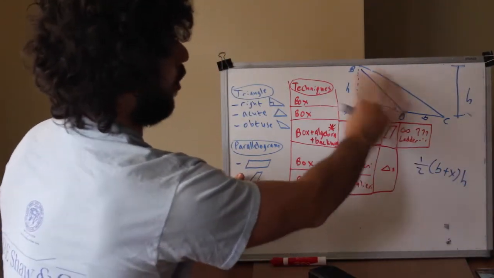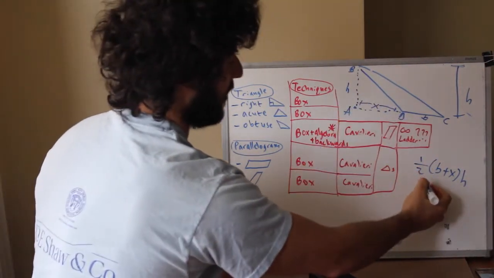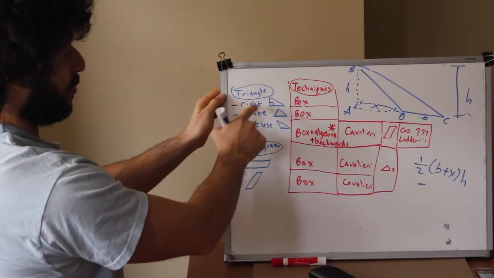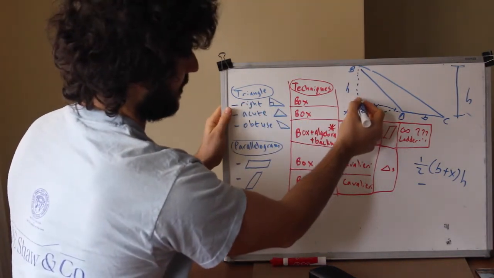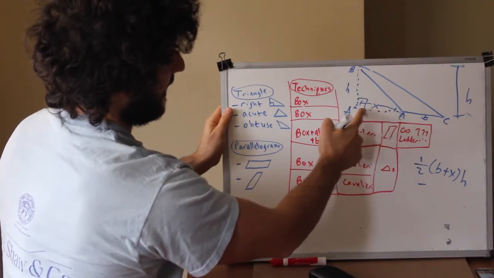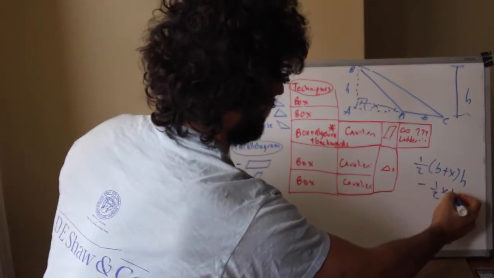Now that's the area of all of this, but then we don't want this piece, so we're going to subtract that off. The area of this piece, again, because we've already proved the right triangle case, and remember this is our right triangle, so triangle ABD, the area of that is x is your base now, h is your height. So 1/2 xh.